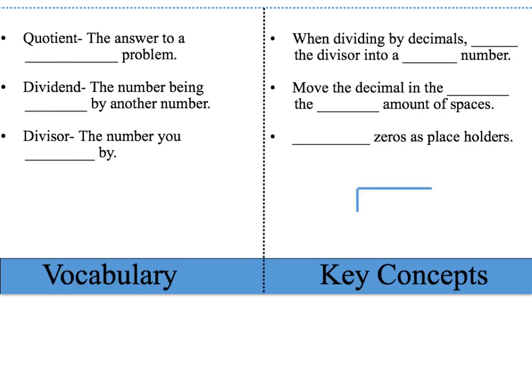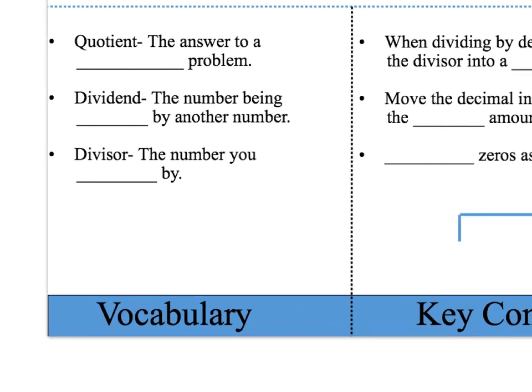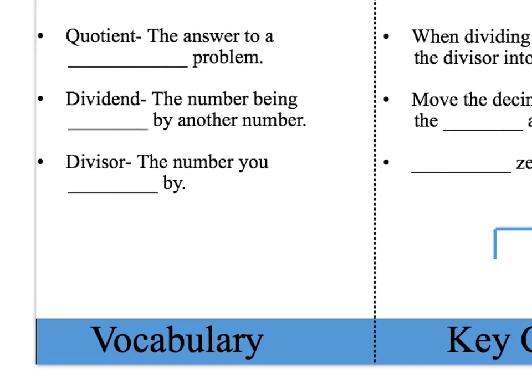So let's discuss some vocabulary on the left-hand side of our notes. If you remember from yesterday, quotient meant the answer to a division problem. The word dividend was the number being divided by another number, and we talked about that being our in.